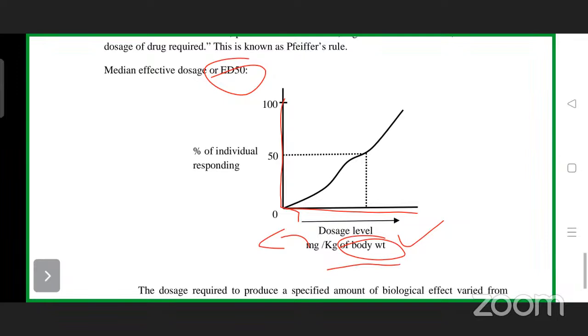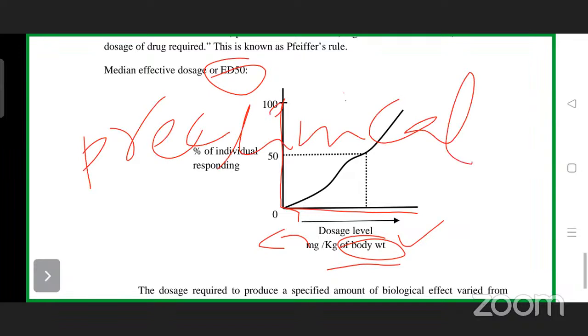So generally these are preclinical trials, where we apply the medicine or the invented drug compound on the animals.